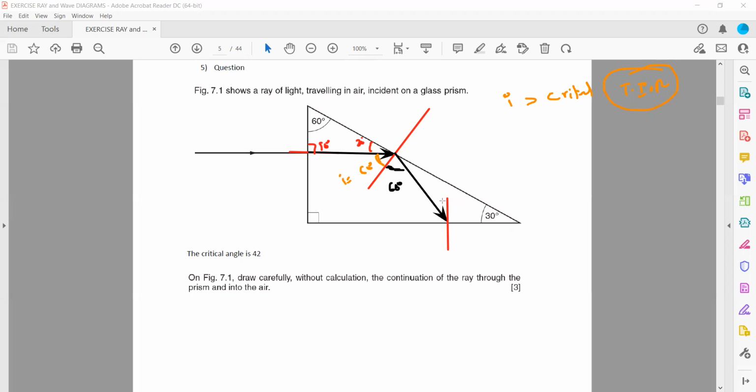So if it is less than the critical angle, what will happen? Moving from glass to air, it will bend away from the normal and the speed of the ray will increase.